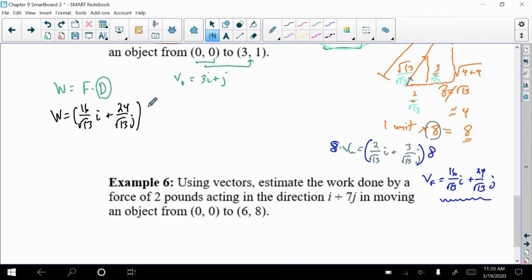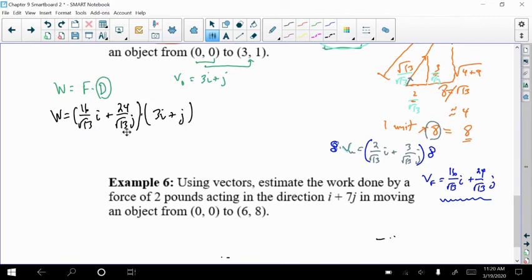So we're going to take that times our distance vector of 3i plus j. Remember, we learned in a previous video, the way we can represent multiplication of two vectors is a dot product. So we're going to multiply the i components and the j components.